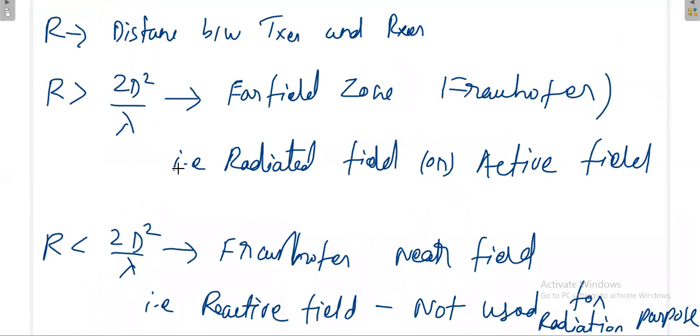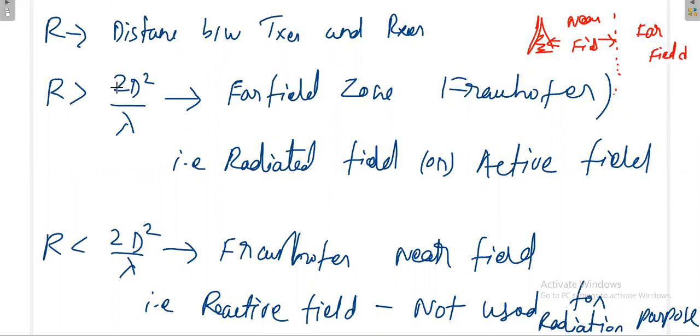Again, we have seen what is near field and what is far field. In general there are two types of field, near field and far field. Then there should be some dividing line between them. If the antenna is here, and your receiver is within this region, that is called near field. If the receiver is beyond this line, that is called far field. So there should be some distance r.